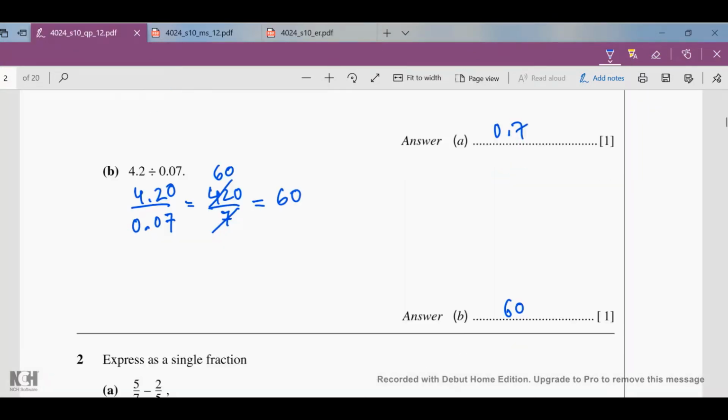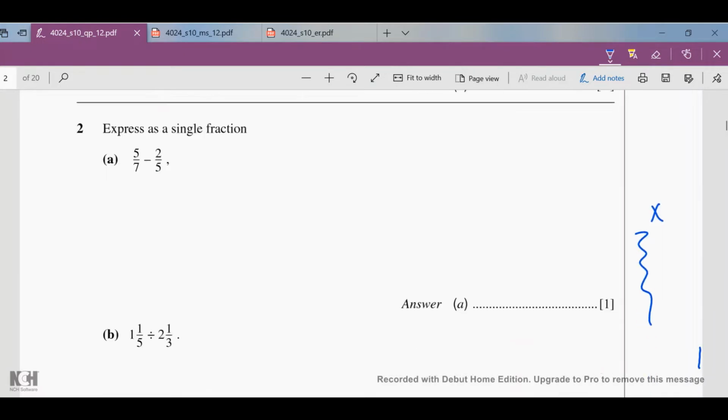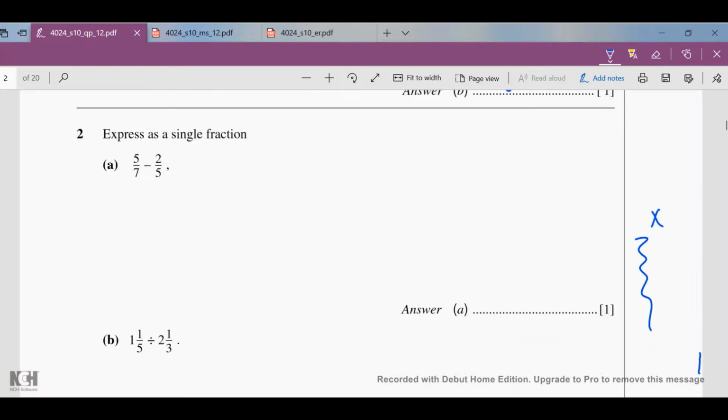Okay, moving to question number 2. In this question, when we express as a single fraction, 5 upon 7, the denominators should be the same when we do fraction addition or subtraction. No, only addition and subtraction.